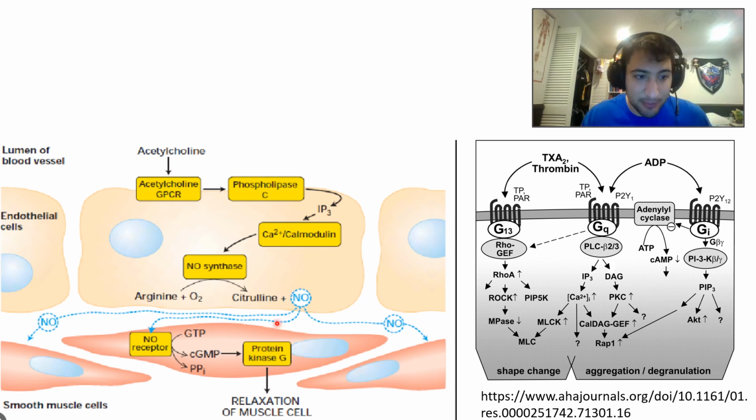Once it's in the smooth muscle, it's going to act on the nitric oxide receptor, which activates guanylyl cyclase, which isn't drawn here. But the main point is that that's going to increase levels of cyclic GMP, and that's going to activate protein kinase G, and that is what relaxes the smooth muscle.